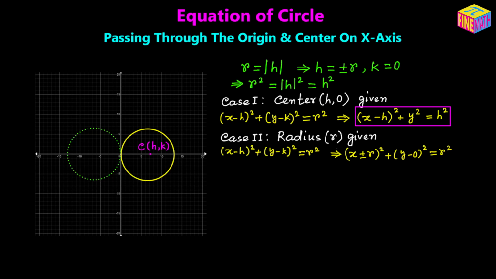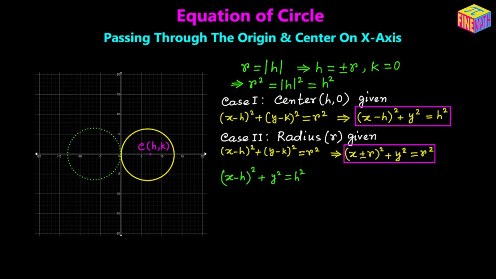And let me simplify that y minus 0 whole squared as simply y squared. Then our equation is going to look like this: x plus or minus r whole squared plus y squared is equal to r squared. And in this case we will get two equations. One equation will be with x plus r whole squared and the second equation will be with x minus r whole squared. So that is the combined form of the two possible equations.